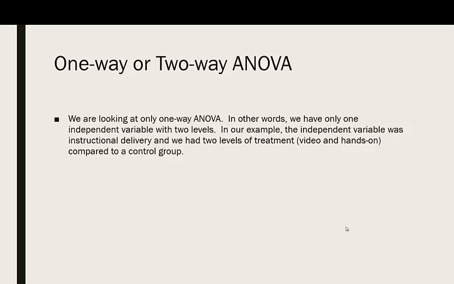In our example, the independent variable was the instructional delivery, and we had two levels of treatment. We had a video and we had a hands-on, and then of course we had a control group. So our independent variable is our delivery. Our dependent variable was our test scores. Our test scores were dependent on our delivery.